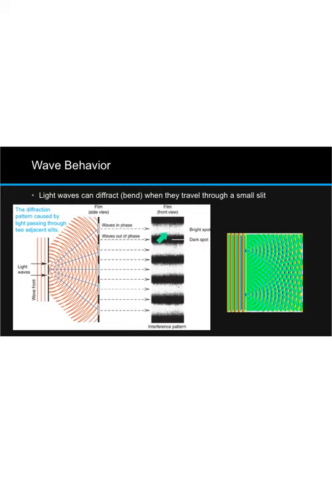Constructive interference results in an amplification or brightening of waves. Out of phase destructive interference results in the destruction or darkening of waves.